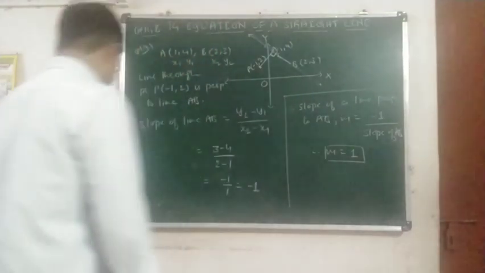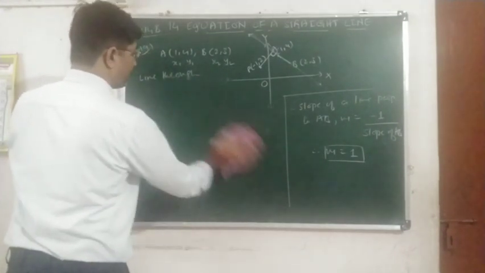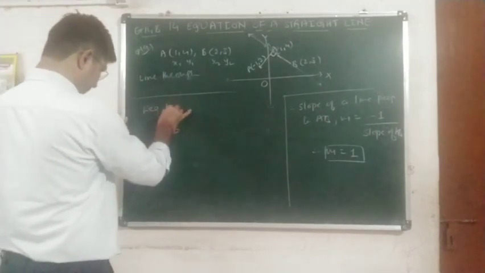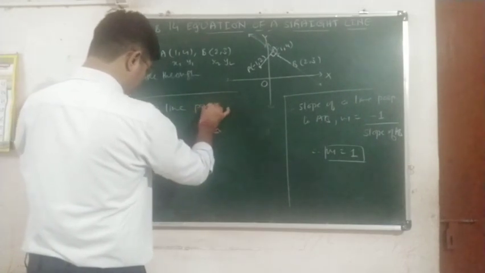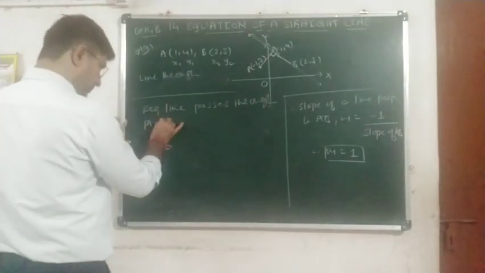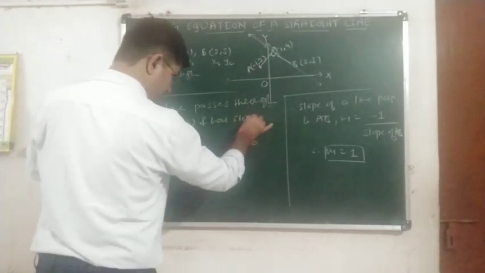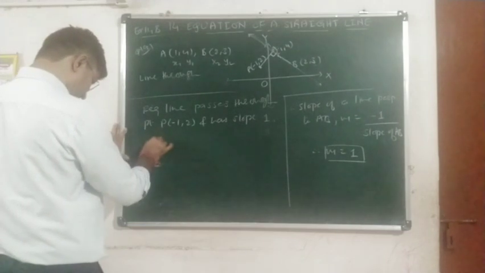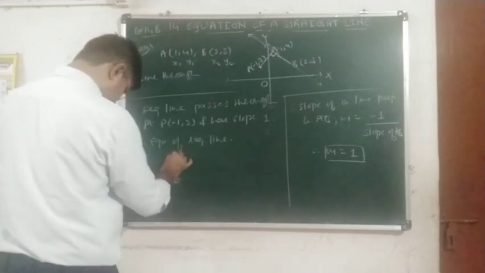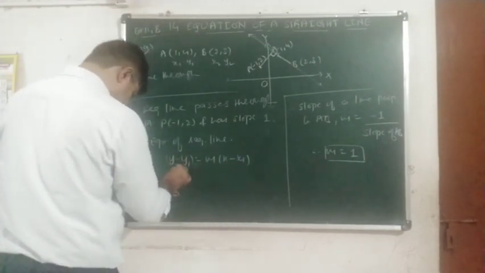Now let me write down over here. The required line passes through point P -1 comma 2 and has slope 1, and therefore the equation of the required line will be given by y minus y1 is equal to m into x minus x1.